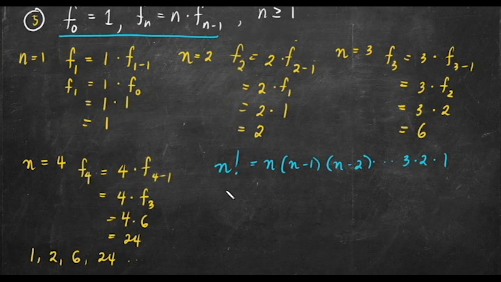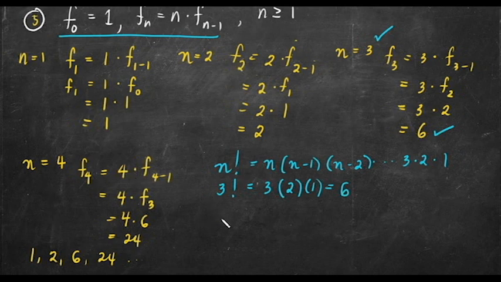For example, if you're going to get 3 factorial, that's 3, and then 3 minus 1, which is 2, 3 minus 2 is 1, so 3 times 2 times 1, 6. So, pag n equals 3, that value is 6.